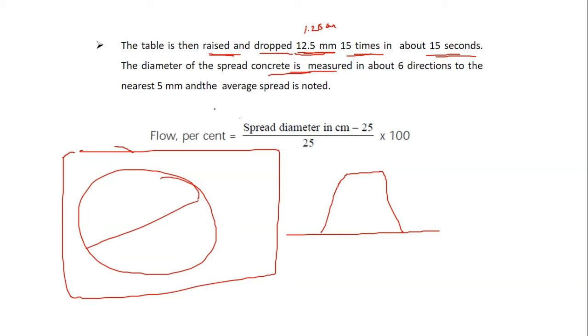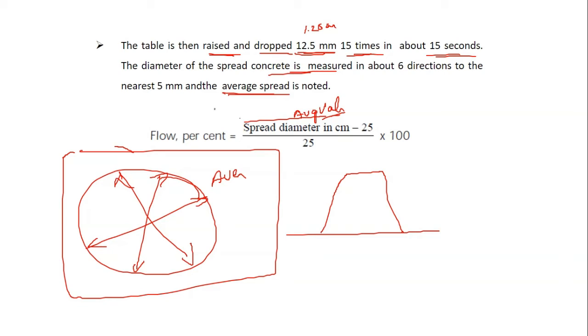So you are going to measure the diameter of this after spreading, and you have to take the average spread value. So this is the average value. You have to subtract 25, because you have to subtract the initial diameter of the concrete when it is in the mold, since you are trying to measure how much it has spread.